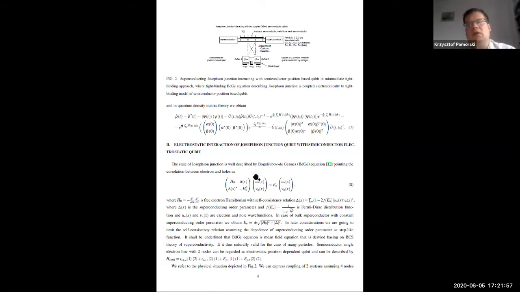In any case, the essence of this effect is that electron dynamics is codependent on hole dynamics, and this dependence is via this delta(x) factor.